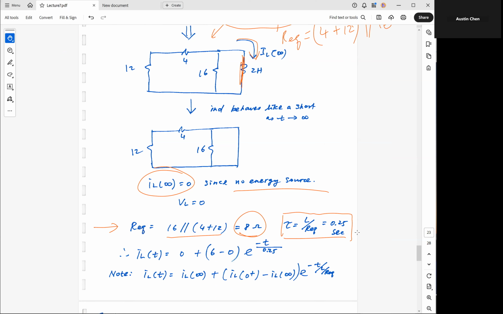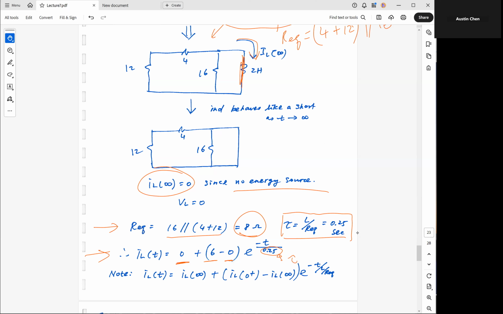All right, and then remember the very last step: once we have collected all those three variables of interest, we just need to plug them back into this template. So final value plus the initial minus the final times exponential function of minus t over tau. This is again tau.